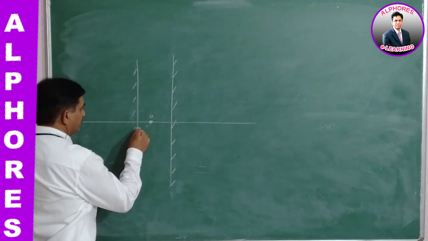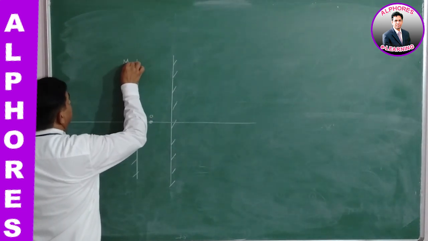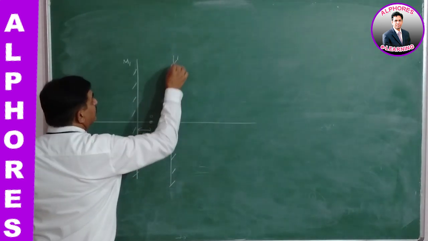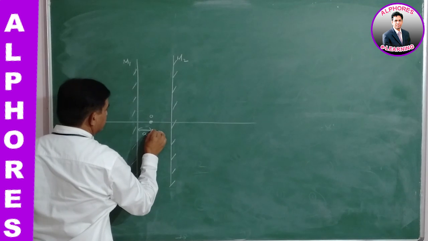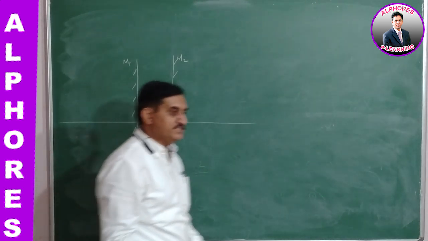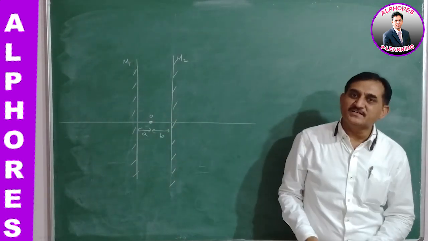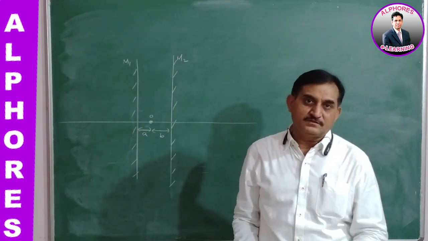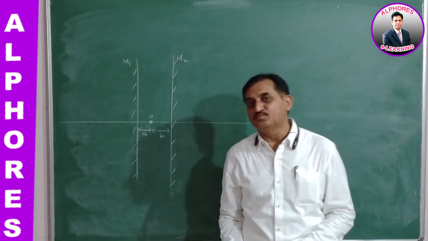This is the object. From mirror M1, it is at a distance of A. From M2, it is at a distance of B. Now the question is, what will be the distance between nth order images formed by 2 plane mirrors?